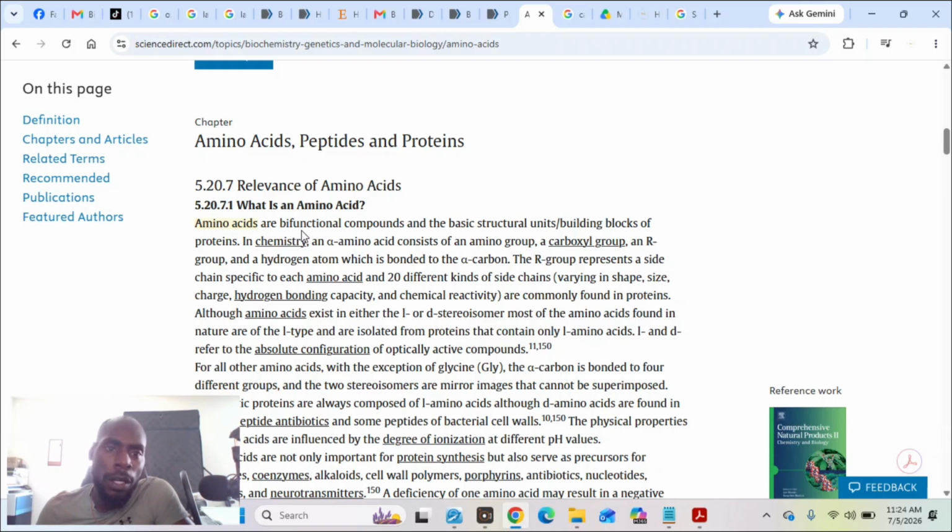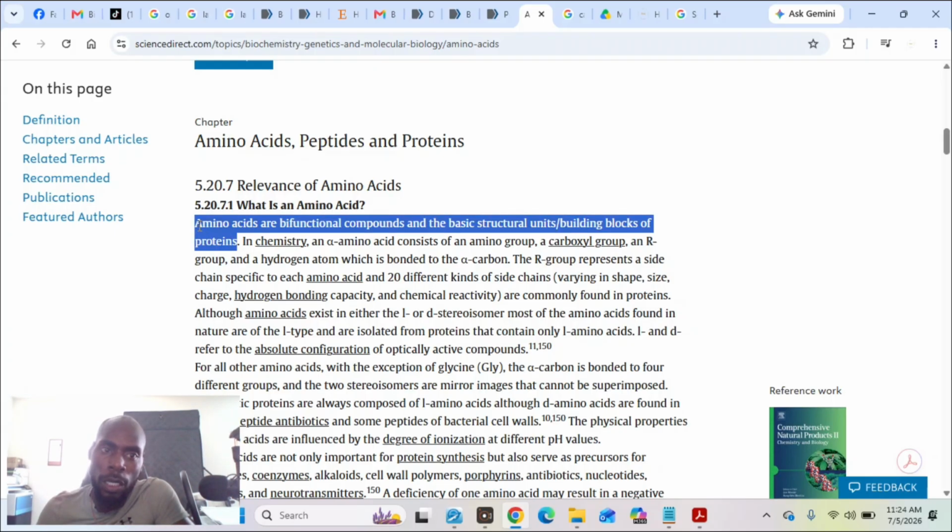Amino acids are bifunctional components and the basic structural units, building blocks of proteins, just like we've read before in the previous studies.